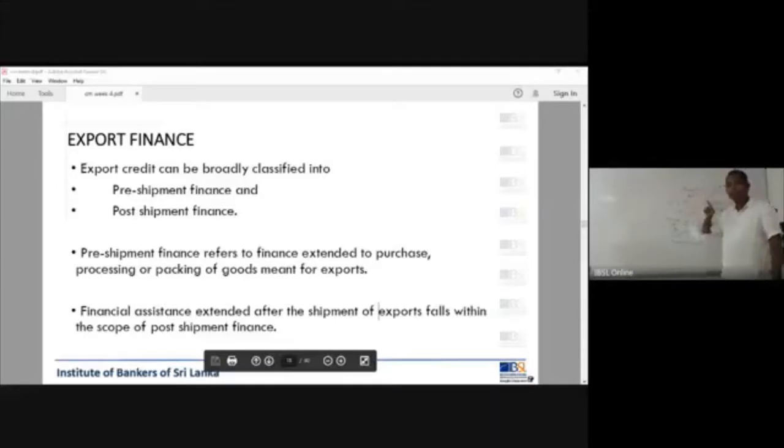I told you, when you have LC, you can have a discounting part, right? When I receive the LC, I can go to my bank and say, I don't have money, please give me money, because LC is directly to the bank, right?